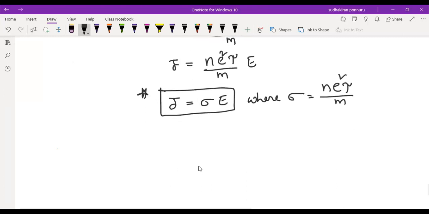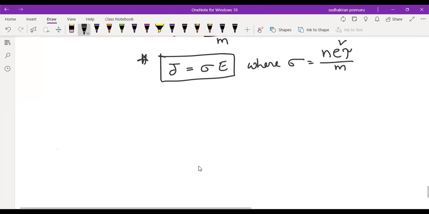Why it is important: here J, we are talking with respect to conduction. Conduction current density here.